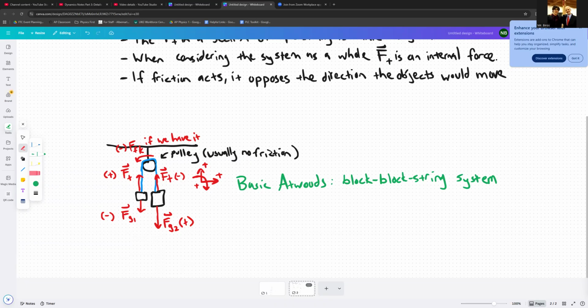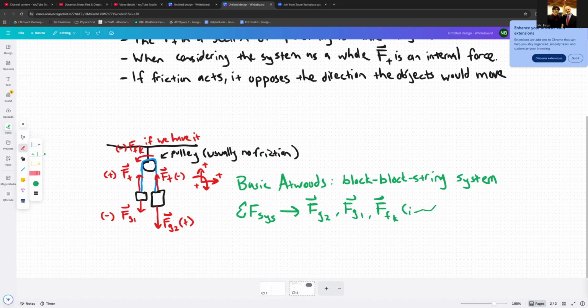So I'll just make a quick note here, right? Your sum of forces for the system would include FG2, FG1, and friction if it exists. It's not always going to be there, right?